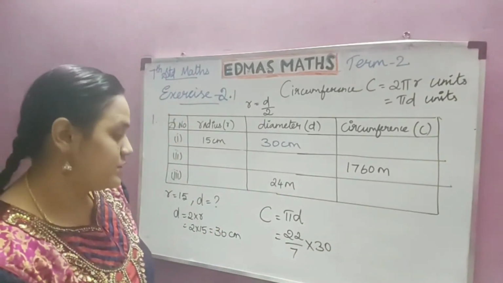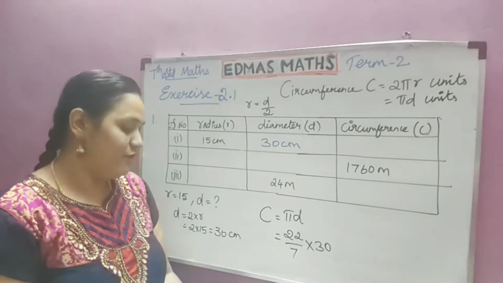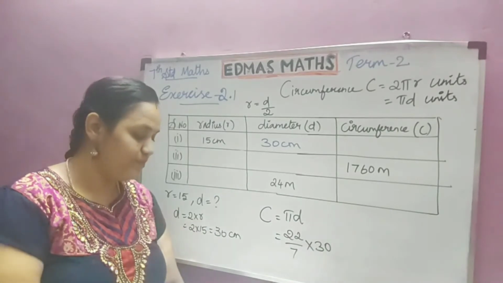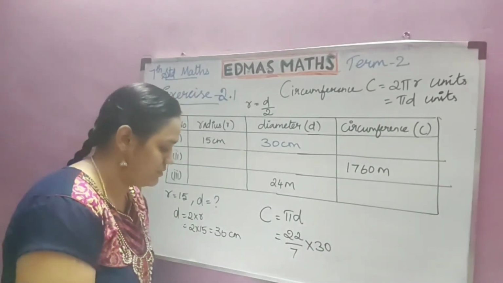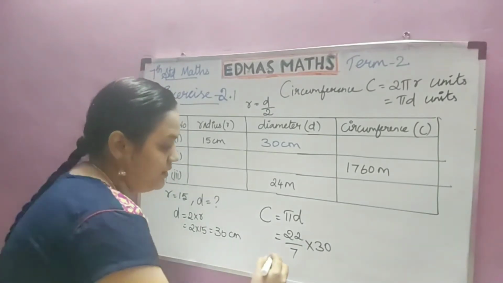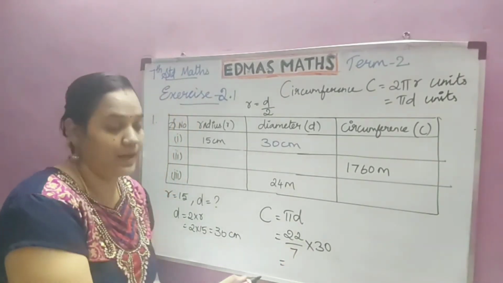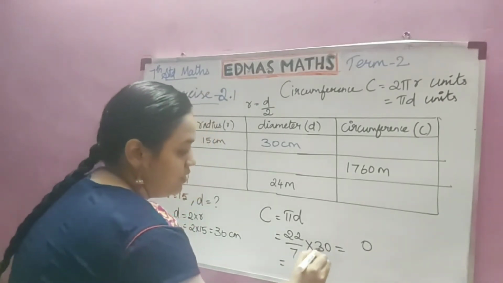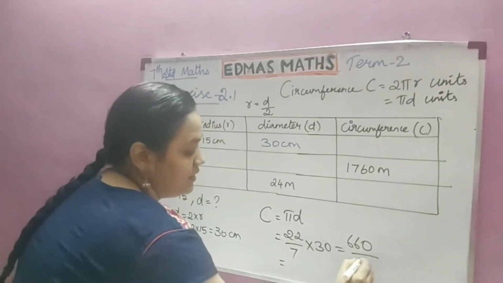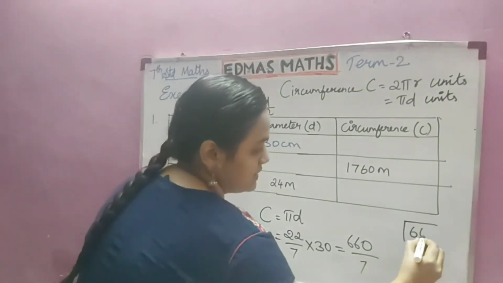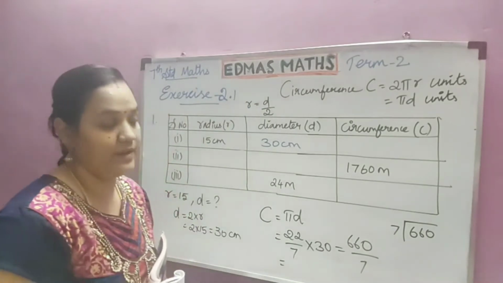Now I have substituted the value for diameter. We can't cancel this 30 and 7, so directly we can multiply. We can write 660 divided by 7. Shall we divide it now? So 660 divided by 7.